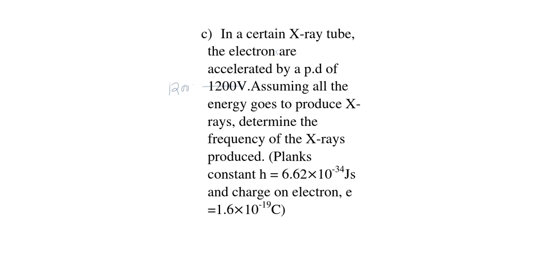Assuming all the energy goes to produce X-rays, determine the frequency of the X-rays produced. We are told to take Planck's constant h as 6.62 times 10 power negative 34 joule seconds, and the charge on the electron e to be 1.6 times 10 power negative 19 coulombs.